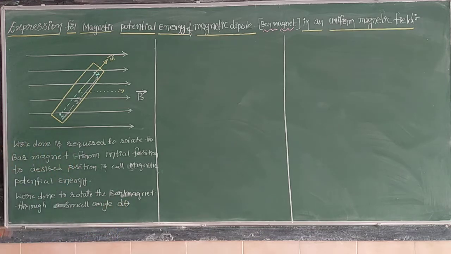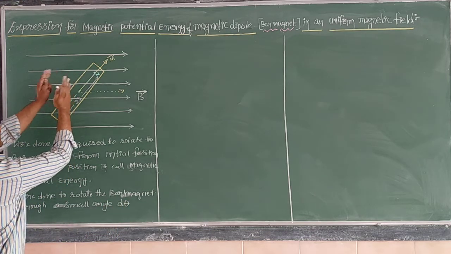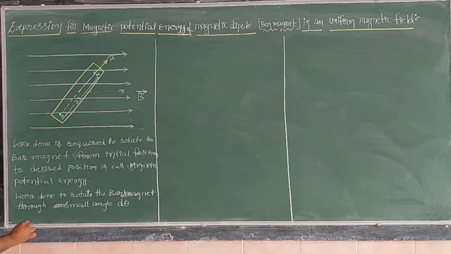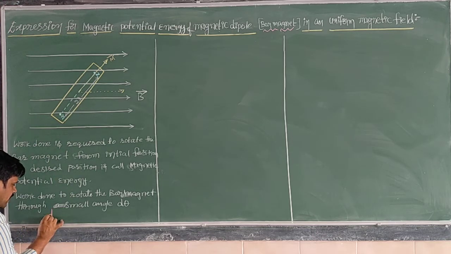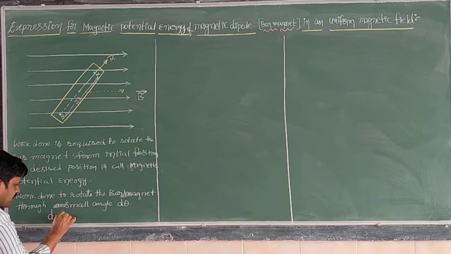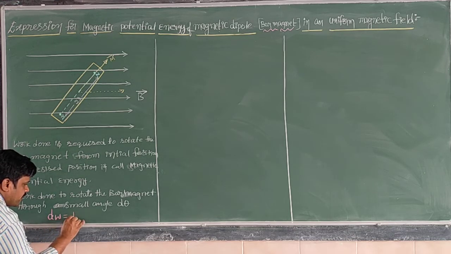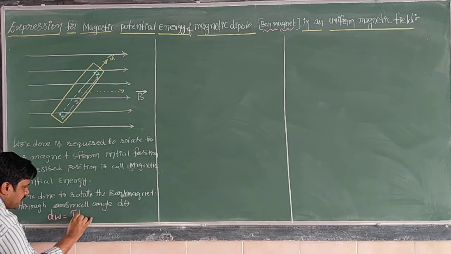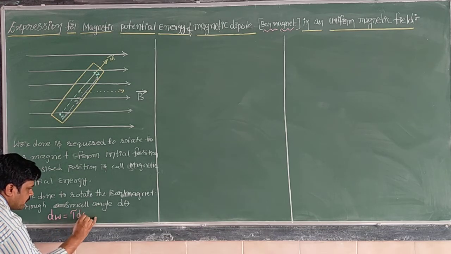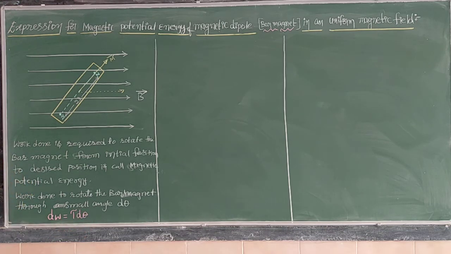What is the amount of work done required? The amount of work done for a small angle, small work done dW, is equal to tau into d theta.